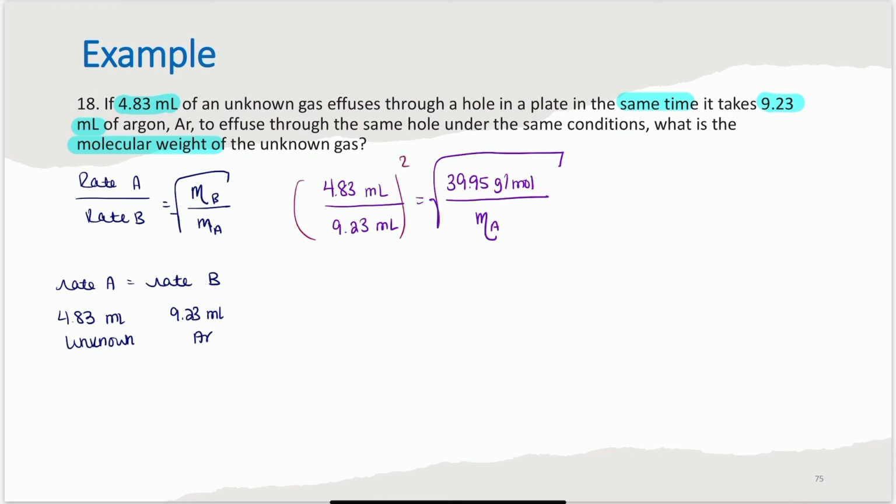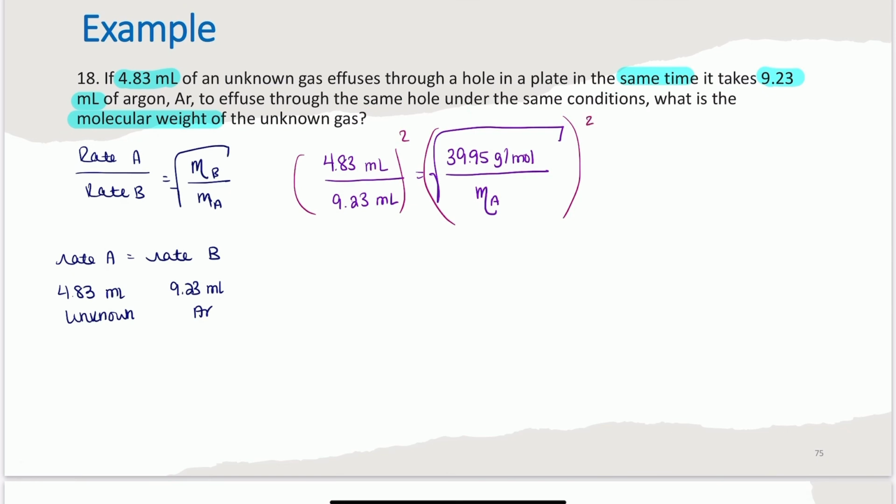Square both sides of the equation to undo that square root. This gives me 0.523 quantity squared equal to 39.95 grams per mole over molar mass of A. This value is 0.274.